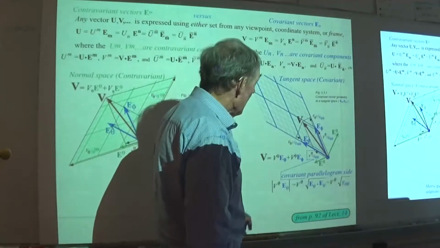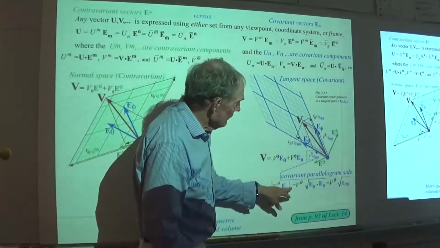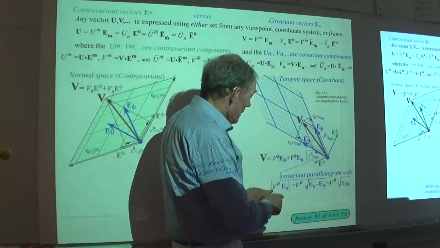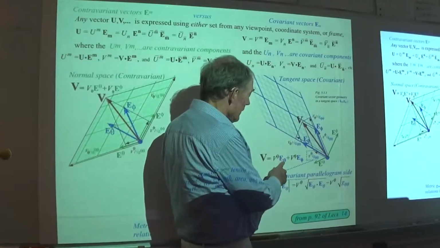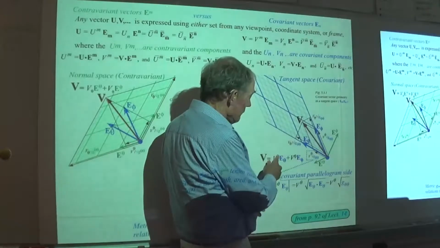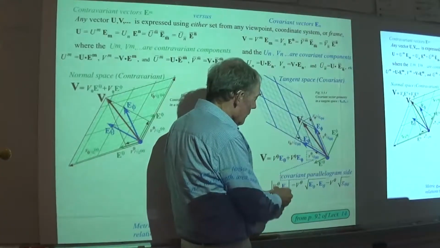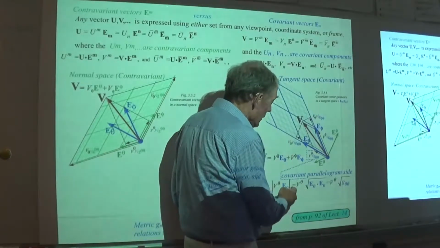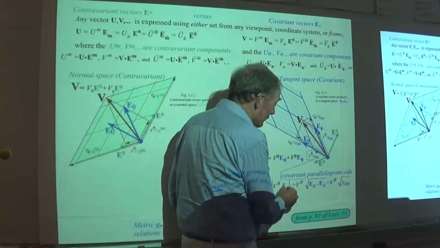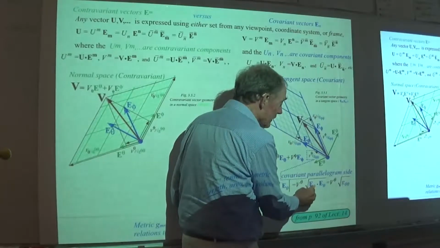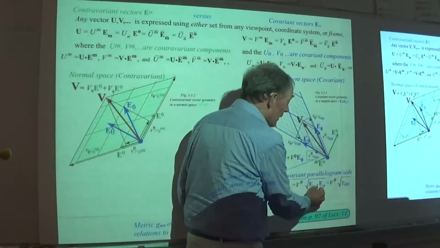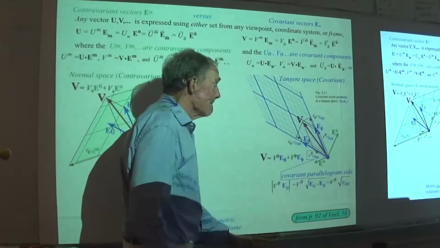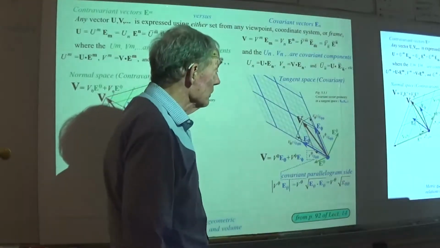Okay, so I have to look and see what the absolute magnitude is of, say, the term e sub theta, v super theta. What is that? Well, this number is just a scale factor, but the actual length of this vector is the square root of e theta dot e theta, that's the square root of the metric coefficient g theta theta. Okay, so that's an important thing to realize.